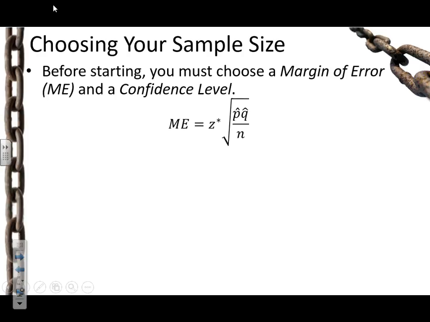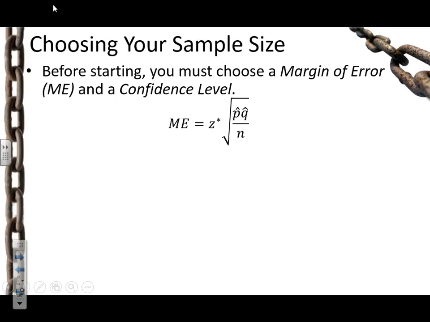So if we think about margin of error, that was that entire plus or minus portion of our formula. So it involved the critical value z star and the standard error for p hat. So margin of error is always equal to z star times the square root of p hat times q hat over n.